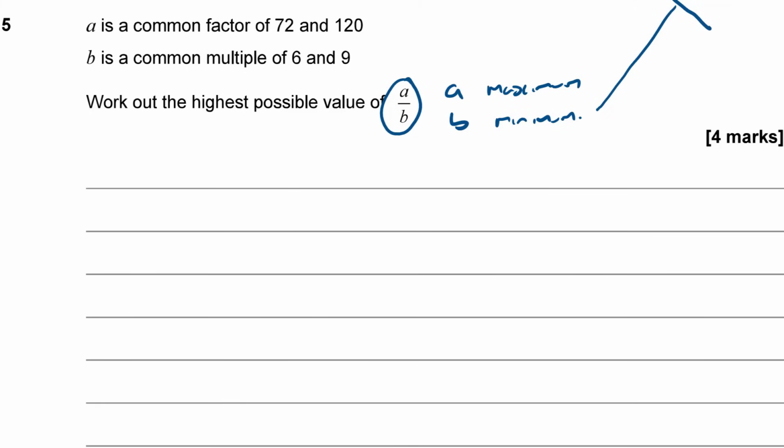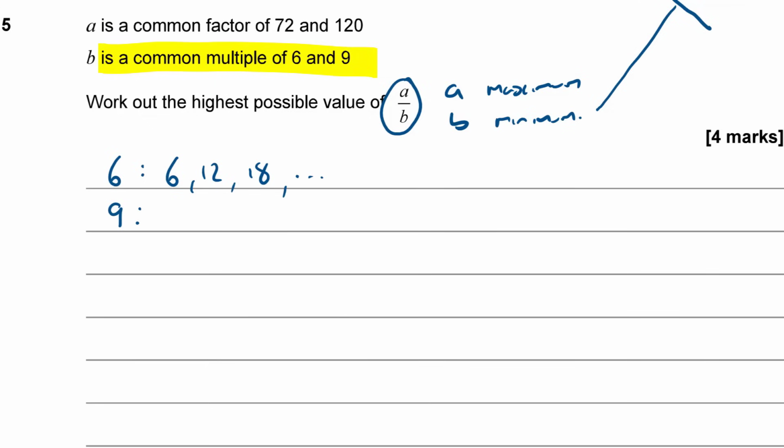So let's take B to start with then. I think that one's going to be easier. A common multiple of 6 and 9. If we want B to be minimum, we're actually asking for the lowest common multiple of 6 and 9. So let's think about the multiples. The multiples of 6 are 6, 12, 18, and so on.